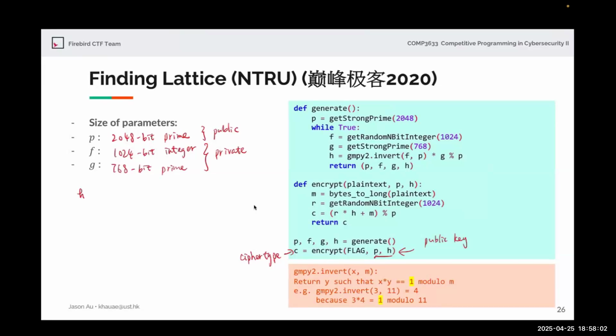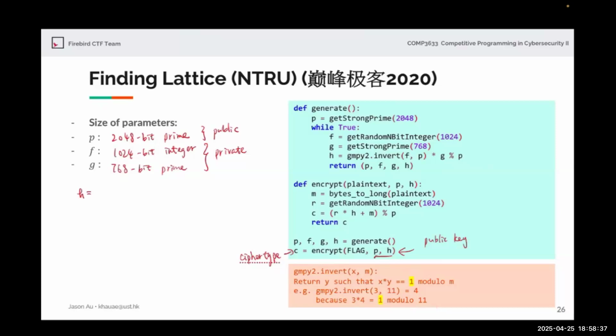So H is calculated by, let me explain a little bit about this function, gmpy2.invert. The mechanism behind this one is, for example, if we put x and m inside, it will return a y such that x times y equals 1 modulo m. So for example, if we put in 3 and 11, we will get 4, because 3 times 4 equals 1 modulo 11.